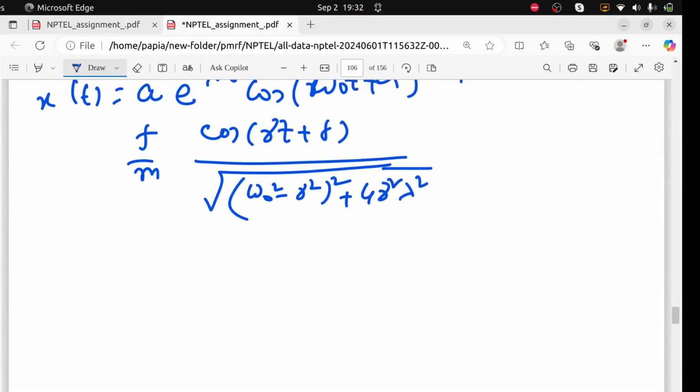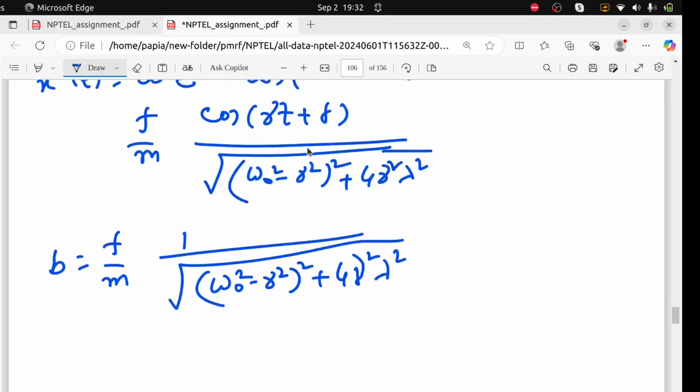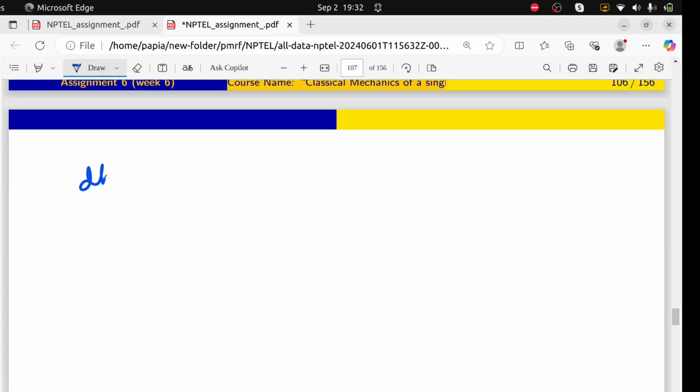You can see that B is like F by m, this, so dB by d gamma equals 0.